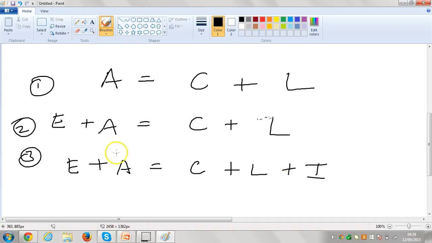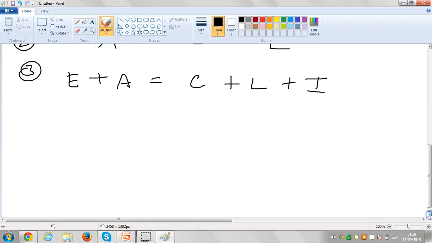Ultimately, every business is interested in profit. And what is profit? Profit is I minus E. Now, if you remember in mathematics, if I want to find out what profit is, I need to find I minus E. How am I going to find I minus E from this equation?